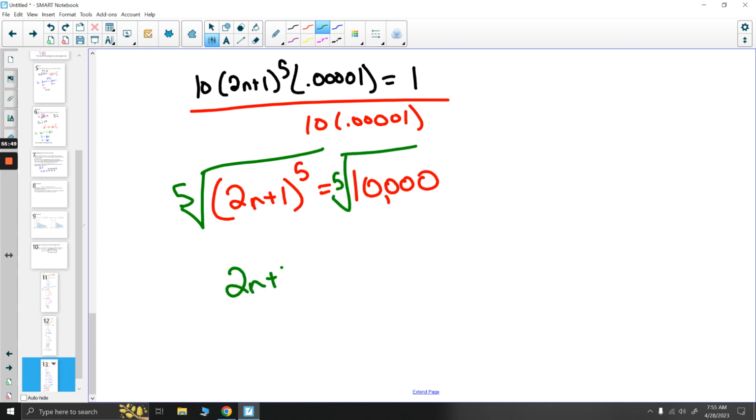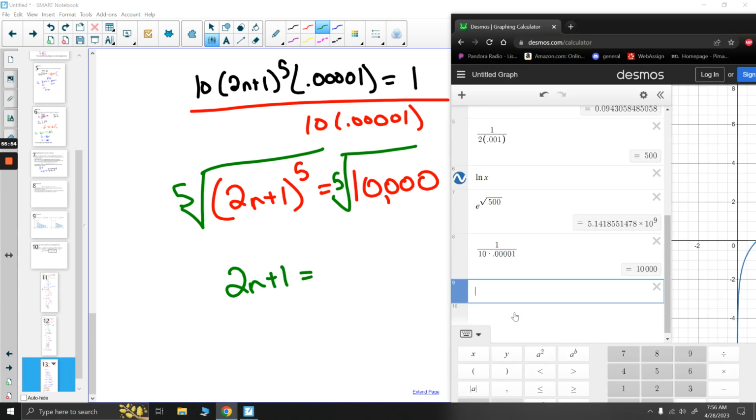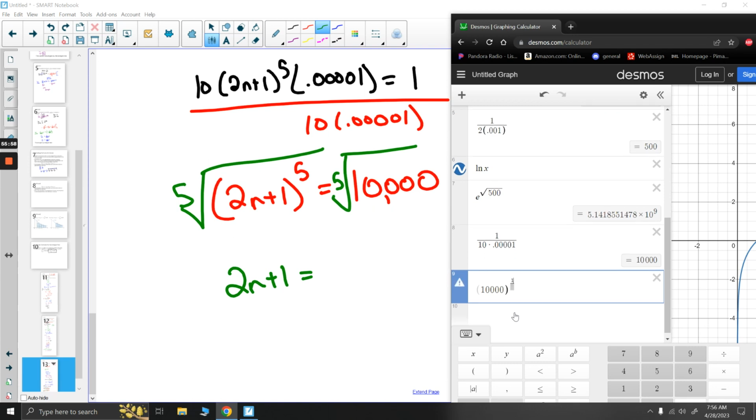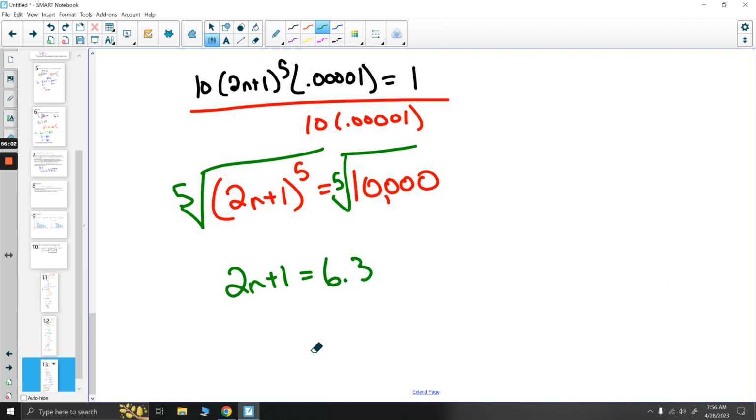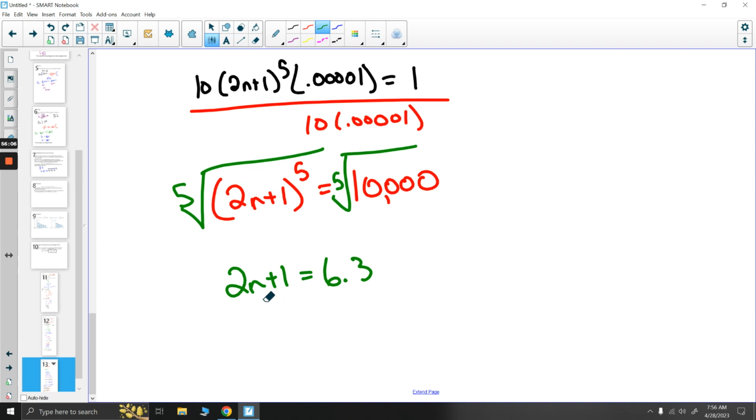So 2n plus 1 is equal to the fifth root of 10,000. So 10,000 raised to the 1/5 gives us 6.3-ish approximately. And since we were looking at n's as whole numbers, I can just round it. It doesn't matter. So now we subtract 1.